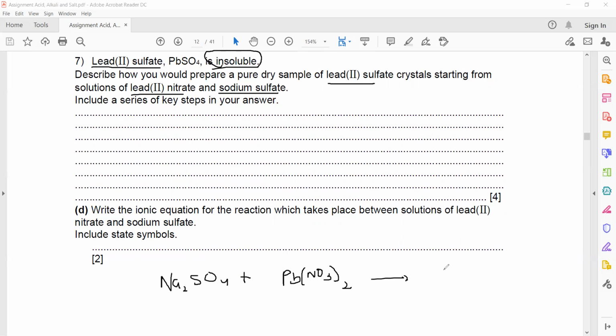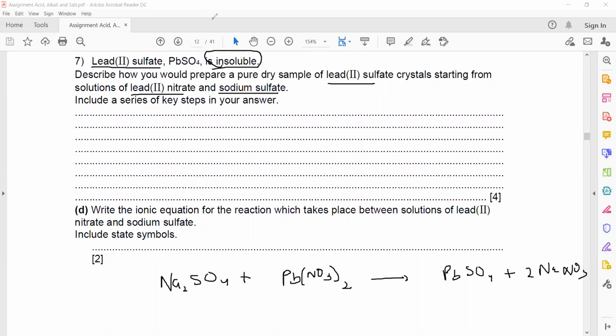This will result in the formation of lead sulfate plus sodium nitrate. And now you can see the ratio is 1:1. So it means that I should take equal volumes of the two solutions.